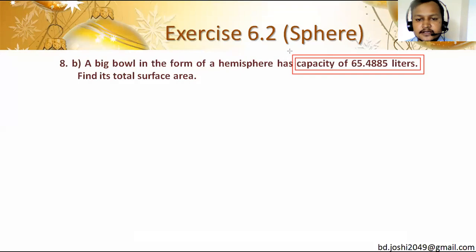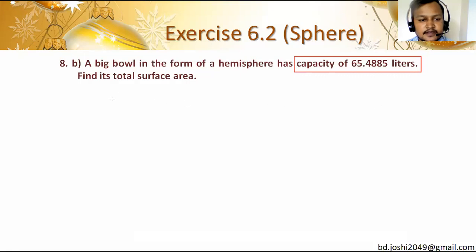If you want to convert it into cm cube, multiply it by 1000. So that is the process to convert liters into meter cube or cm cube. And after converting this volume of hemispherical ball, use the formula of volume and find out the radius. And after getting radius, use formula of total surface area to get the value of total surface area.